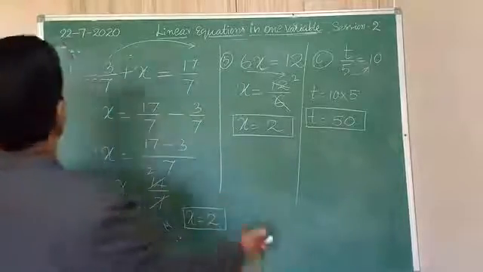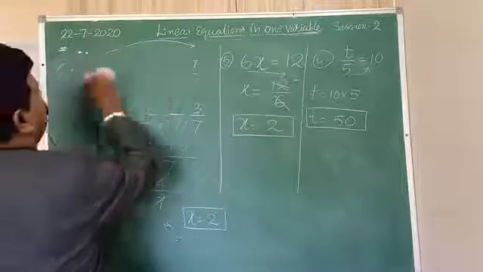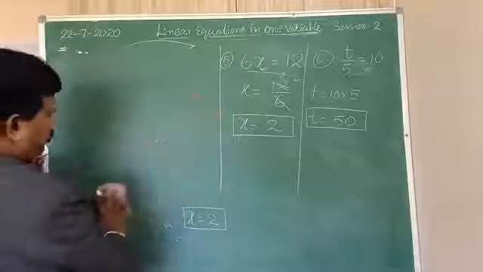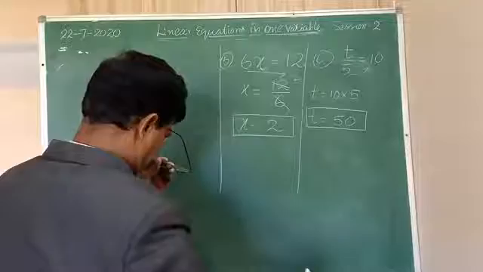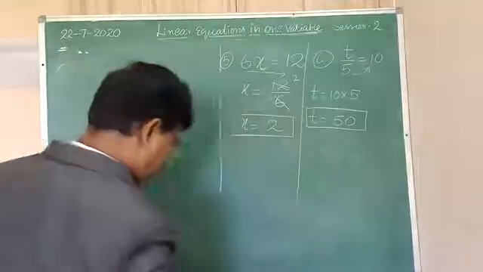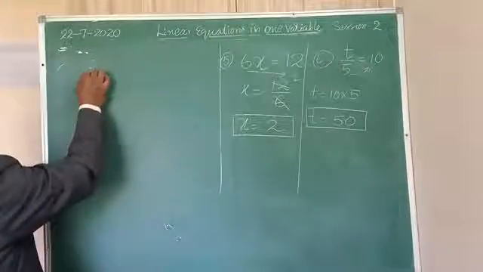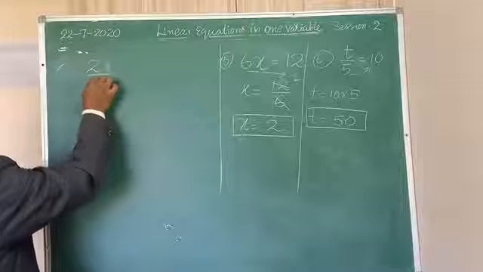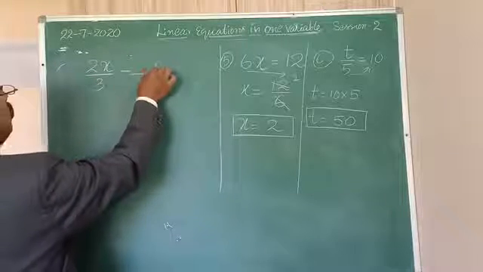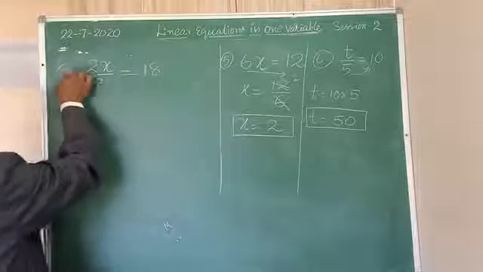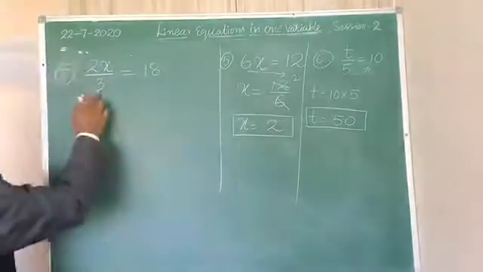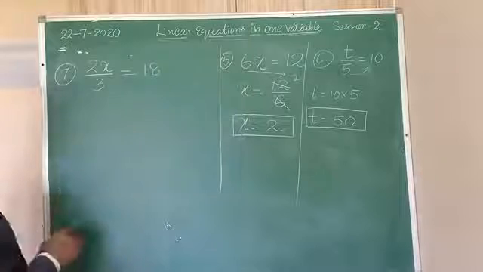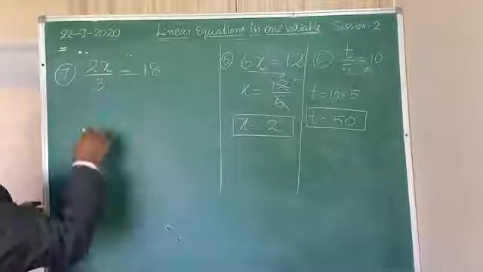Now the seventh problem, 2x by 3 is equal to 18. First thing is, shift this denominator to this side. So the denominator goes to the numerator.